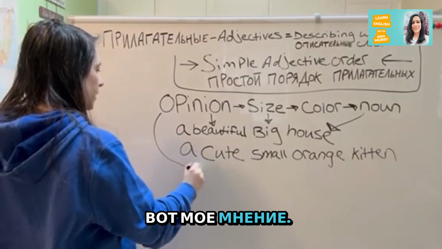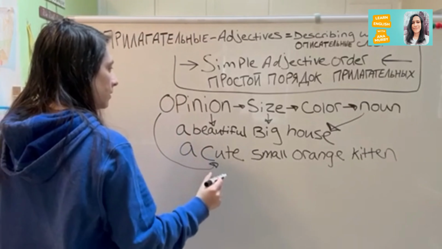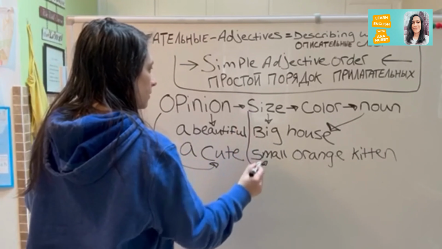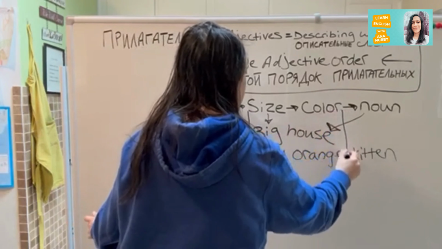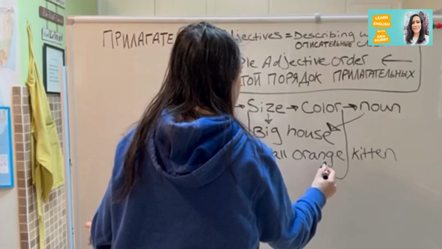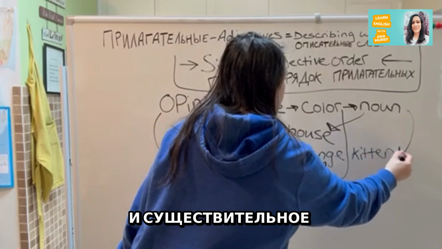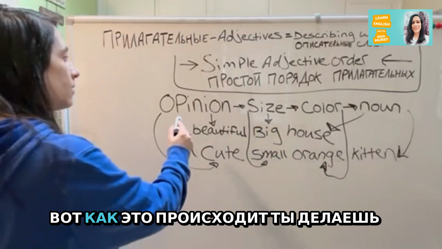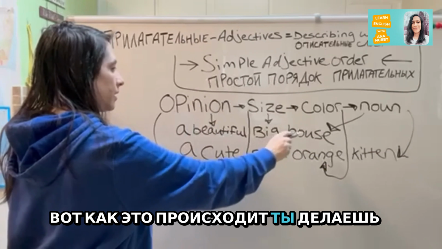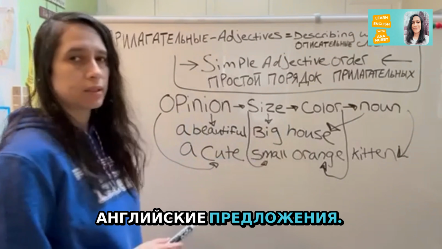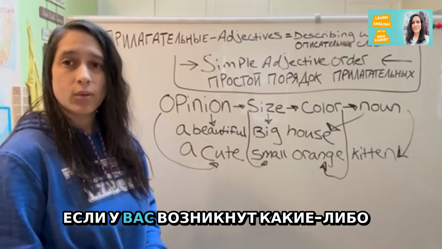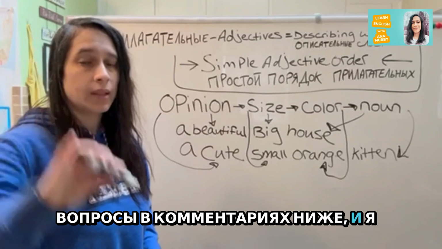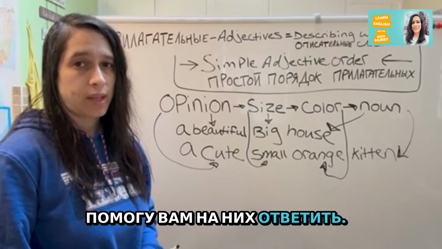Here's the opinion. Here's the size, color, and noun. This is how you make English sentences. If you have any questions, please leave them in the comments below, and I will help you answer them.